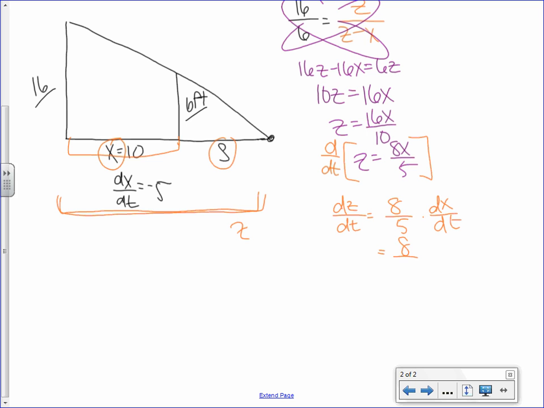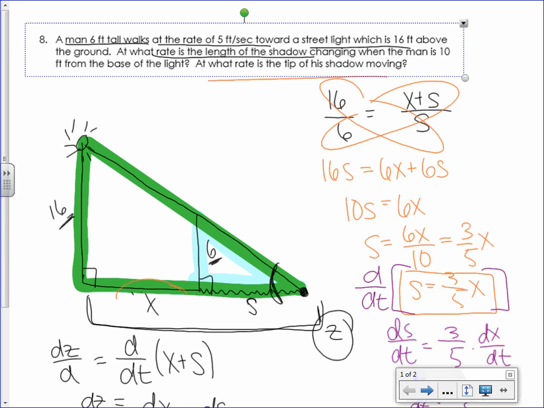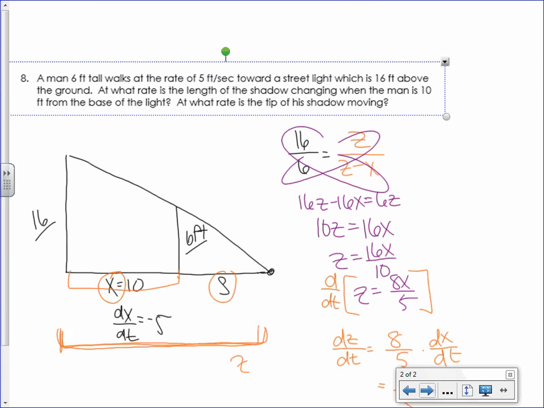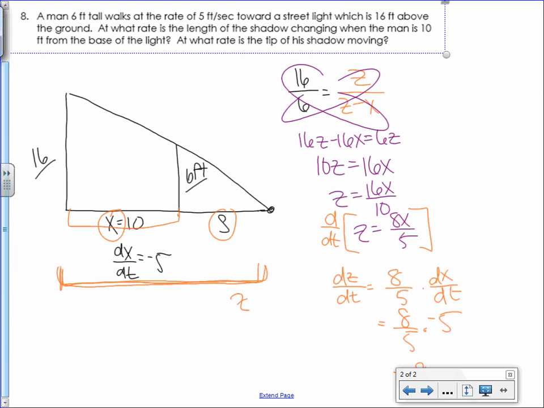But I know that dx/dt is negative 5, so you get negative 8. Notice that's what I got for my second answer. Negative 8 was the tip of the shadow, because the tip of the shadow was this whole length.